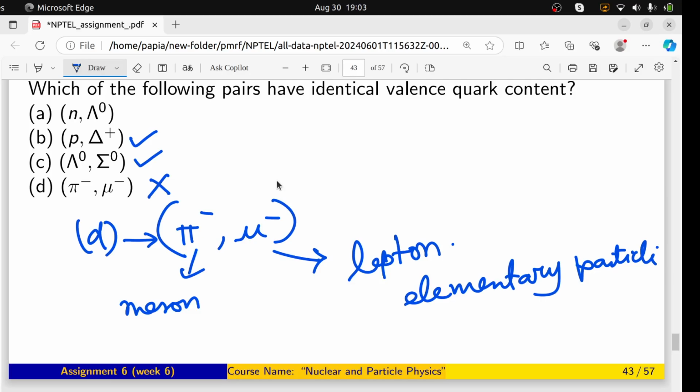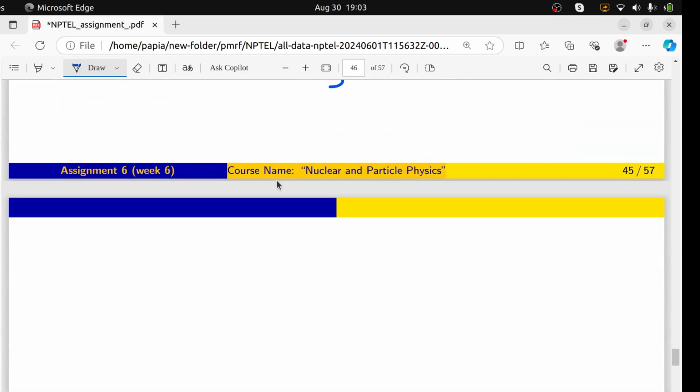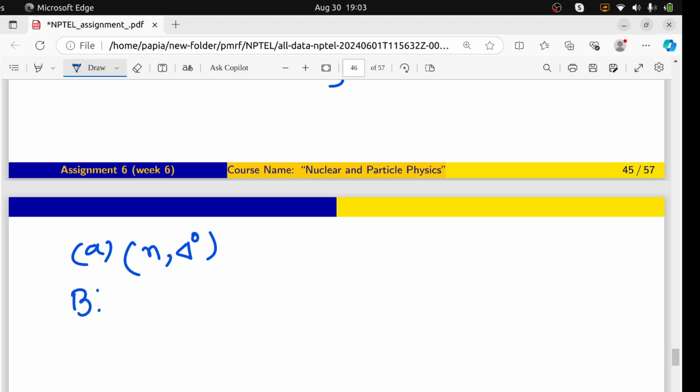Now coming to N and lambda 0. For baryon number conservation both are baryon. Charge conservation, both are chargeless. That is fine. Strangeness number, both are not strange particles. That is also fine.